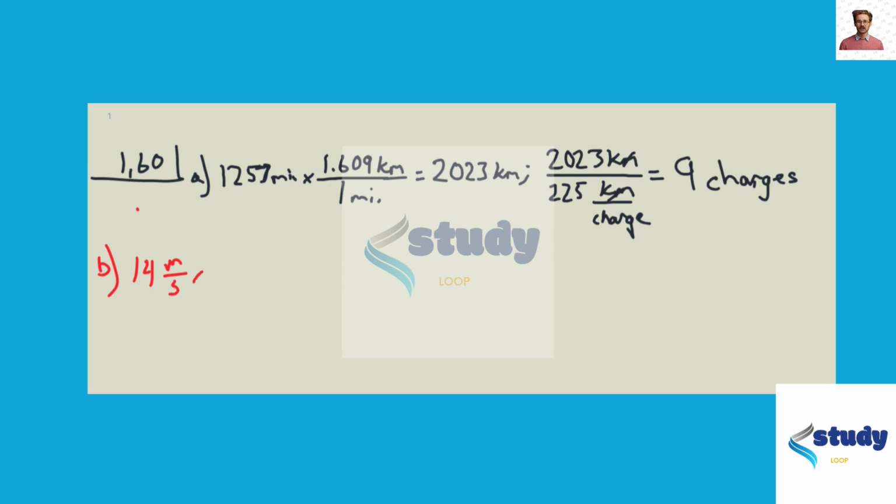We multiply by 1 kilometer over 1,000 meters. And then we can convert from kilometers to miles. 1 mile is equal to 1.609 kilometers.